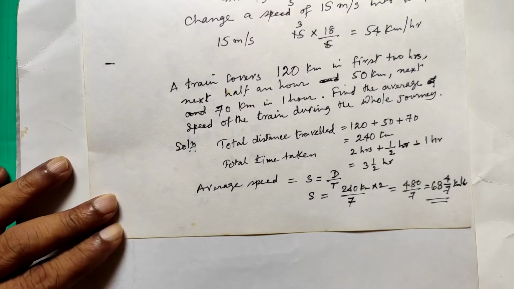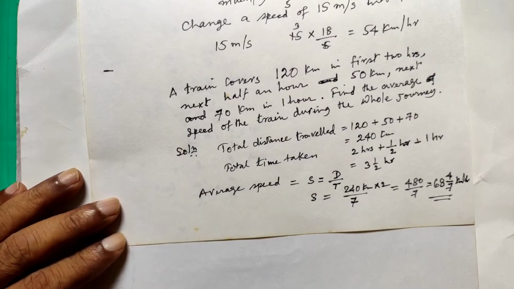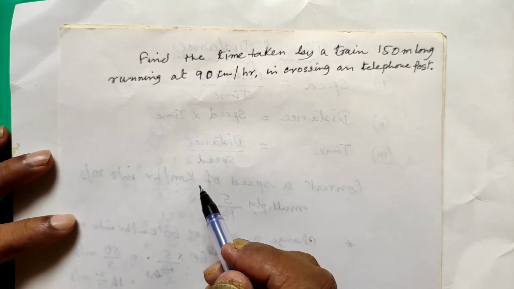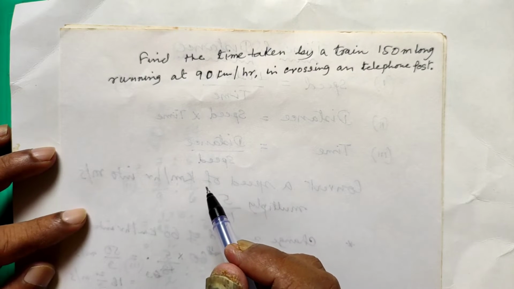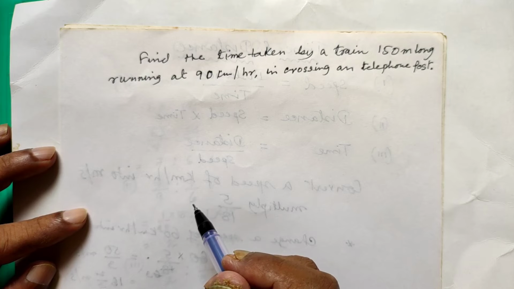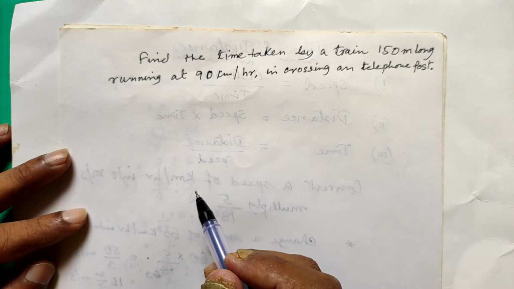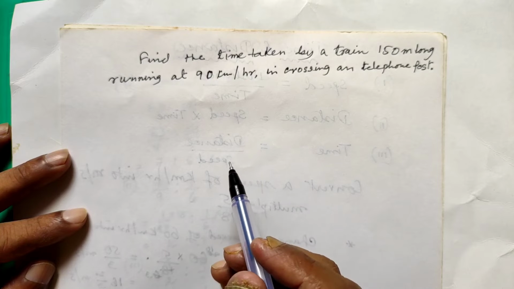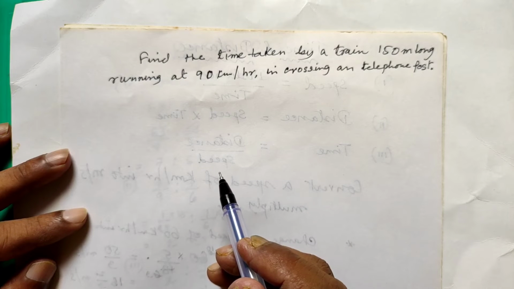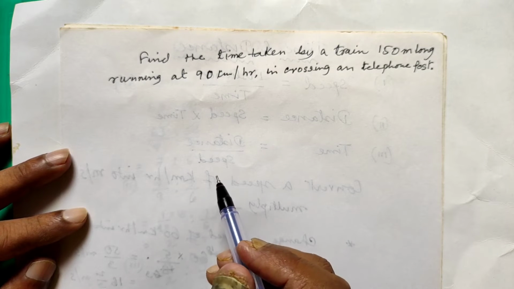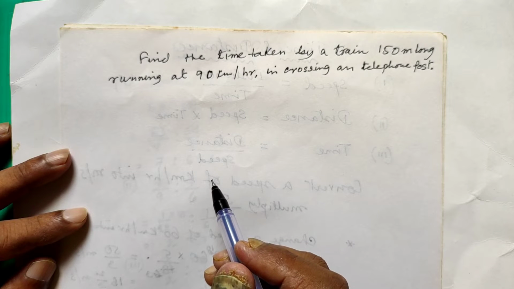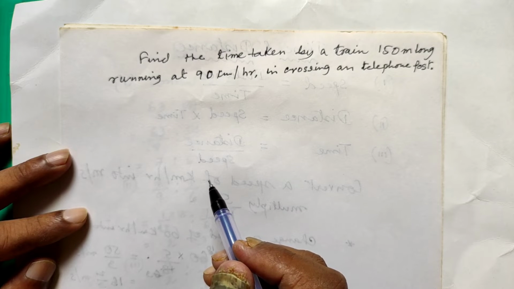Now, we are going to do another sum. This is another sum. Over here, this is actually called problems on trains. First of all, you have to know, in crossing a stationary object like telephone post, like electric pole, whatever, a train has to cover a distance equal to the length of the train, and in crossing a platform, a train has to cover a distance equal to the sum of the length of the train and platform.